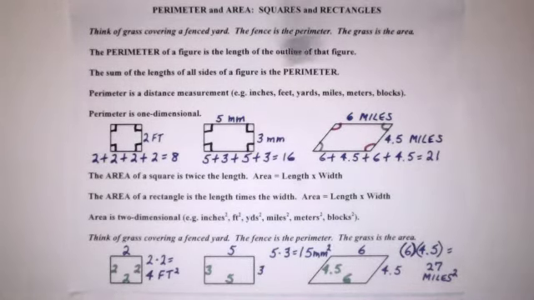One other thing I want you to note, the sum of all angles of a parallelogram equals 360 degrees. A full circle, 360 degrees. In a triangle, the sum of all angles equals 180 degrees.